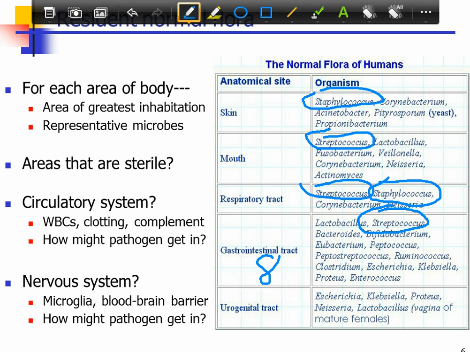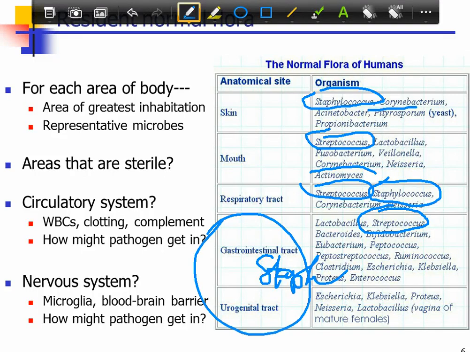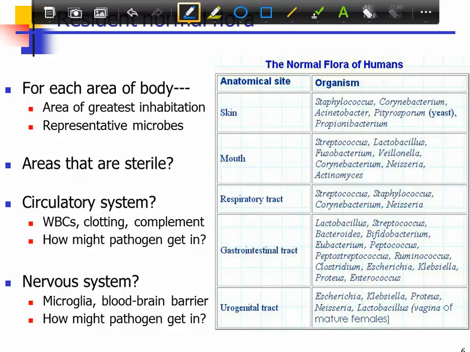Some people also have staph in the GI tract, although it's not listed here. You also find Corynebacterium. Here it is up here on the skin. You find Escherichia coming up in different places, particularly down in here. So there are a lot of microorganisms in your body that are in a whole lot of different areas around the body.